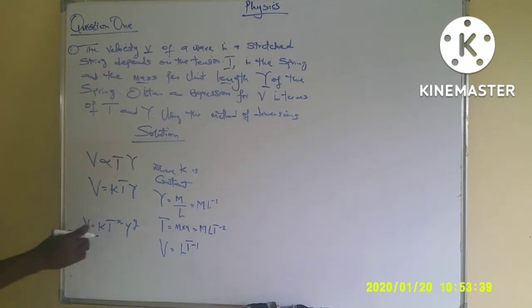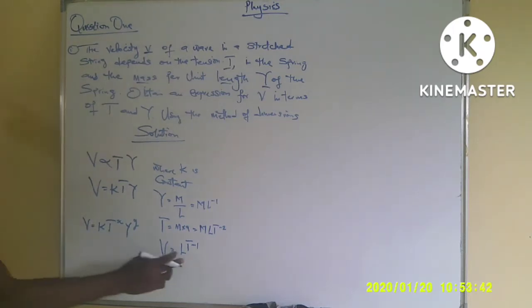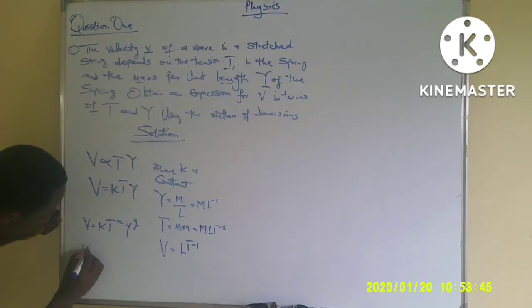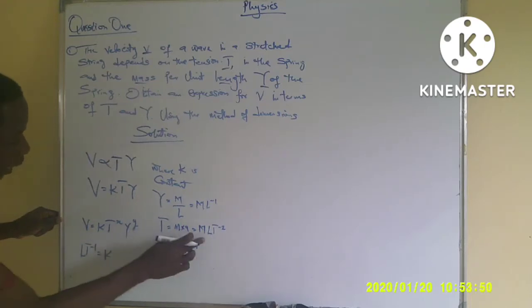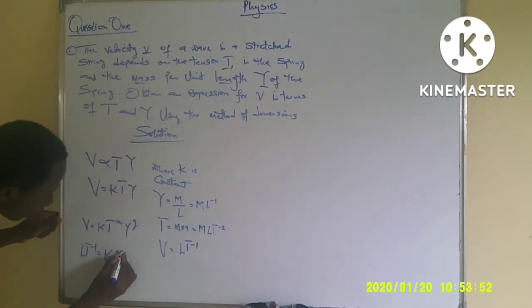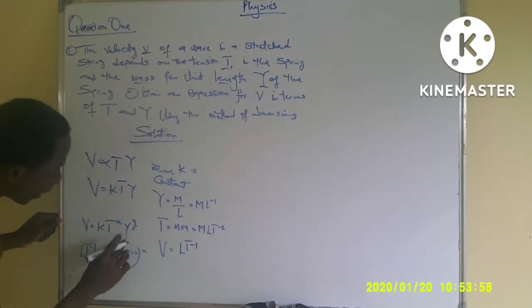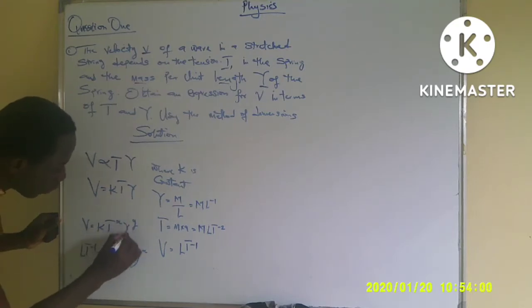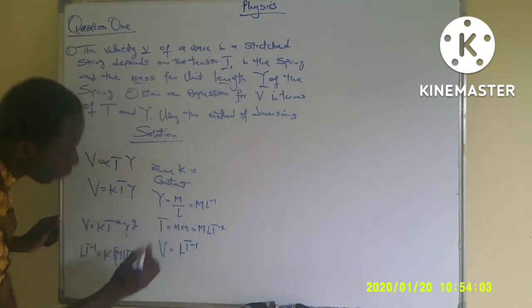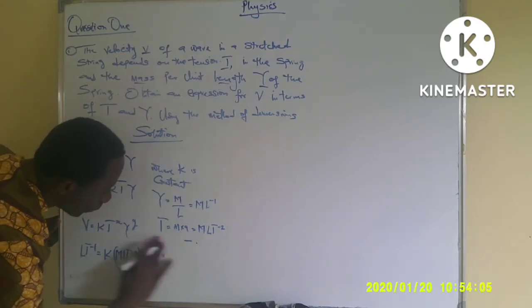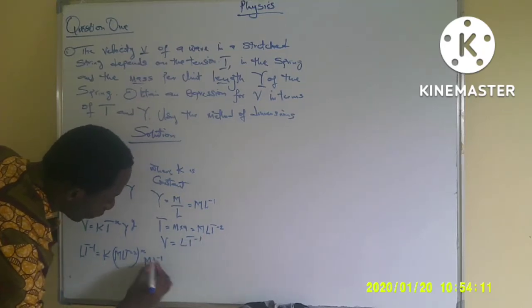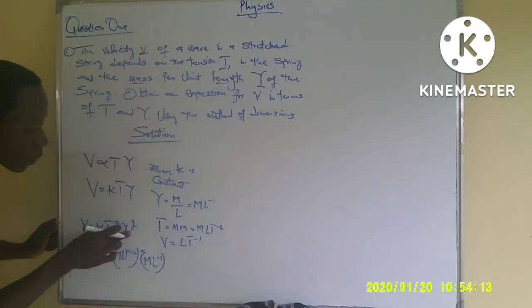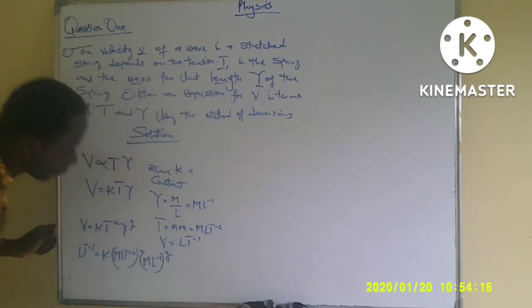So the dimension for velocity is L T minus 1, which is equal to K times the tension, M L T minus 2 raised to power x, then the mu, M L minus 1 raised to power y.